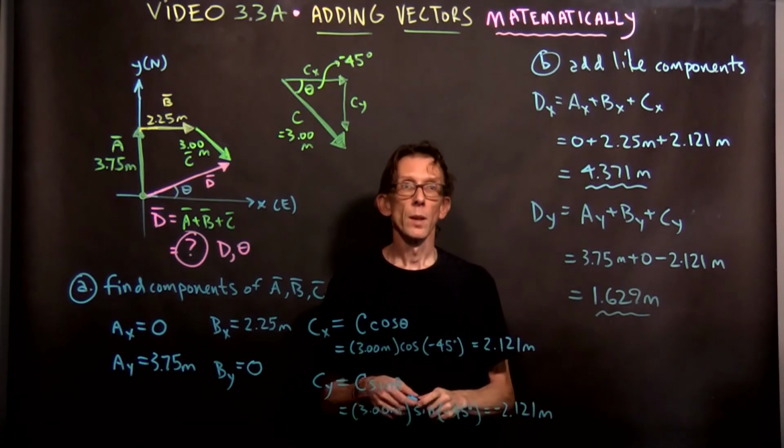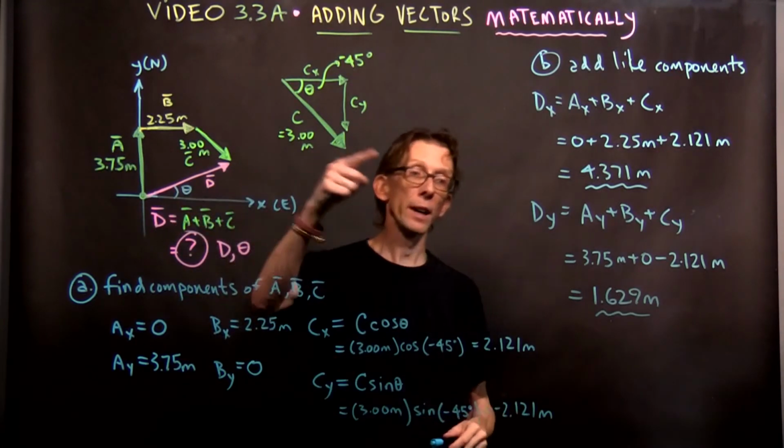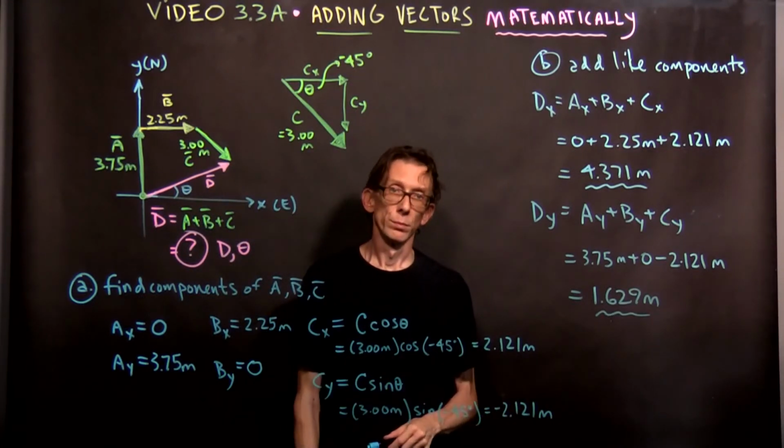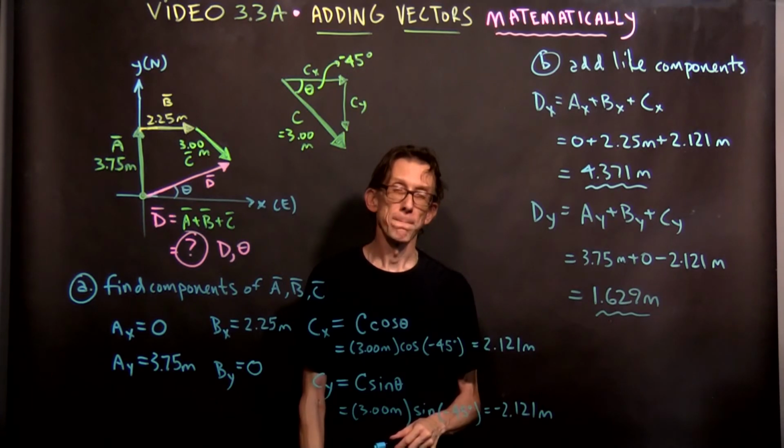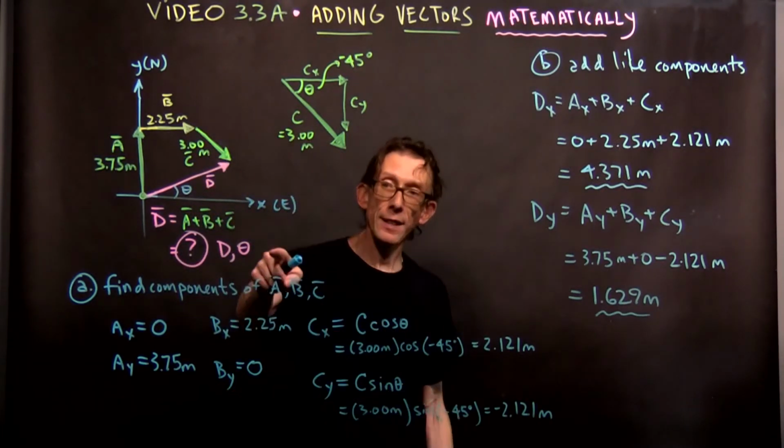These are the x and y components of our final pink vector. What we're looking for is the magnitude of our final pink vector and the angle theta.